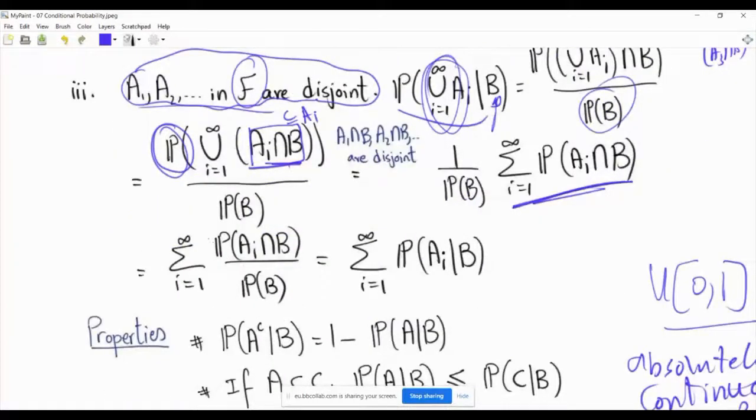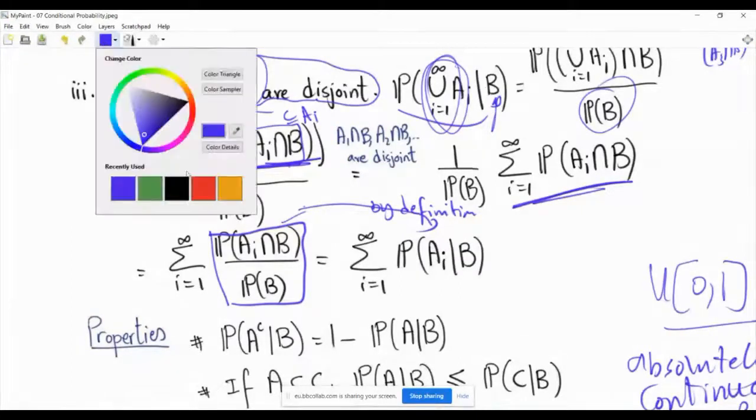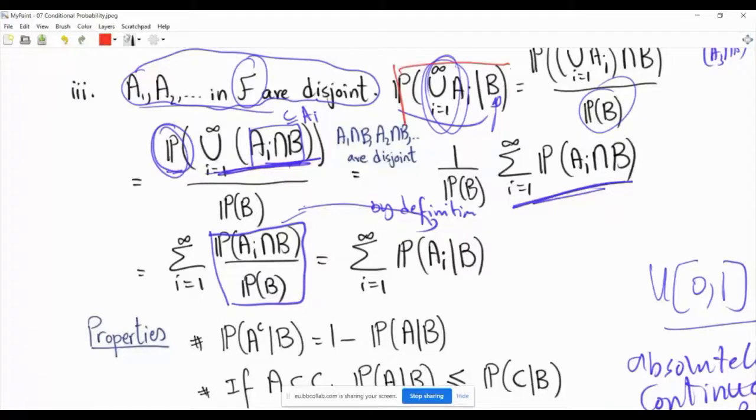Then each one of those terms, by definition, is the probability of A_i given B. So we start with the probability of the union given B, and you end up with the sum of the probabilities of A_i given B, so the additivity rule is satisfied.